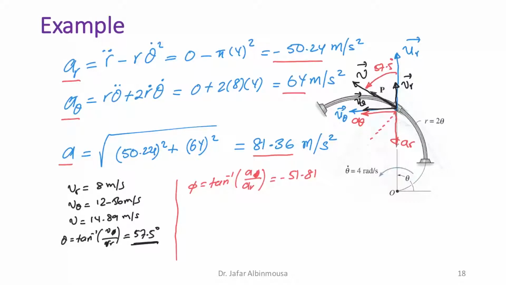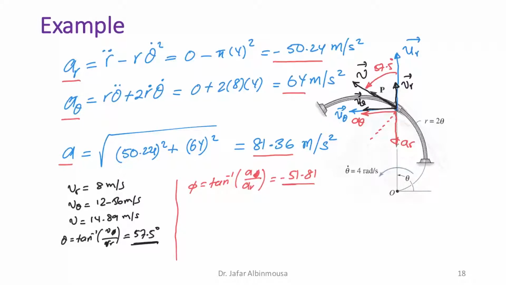So what you would expect is that the acceleration vector is going to be somewhere in between. And this is actually true, because the 51.81 is measured in the negative sense. So instead of going in the counterclockwise direction, it has to go clockwise.